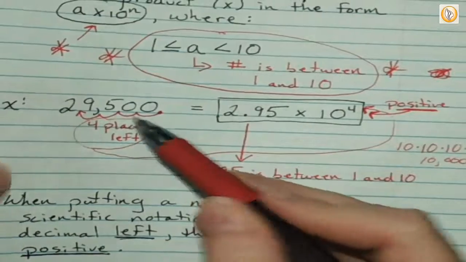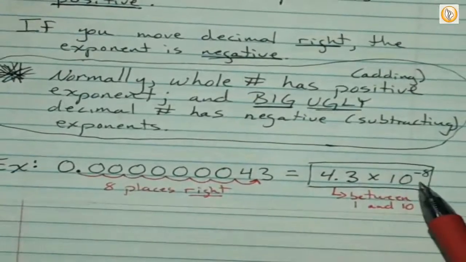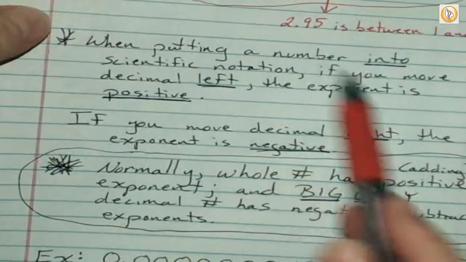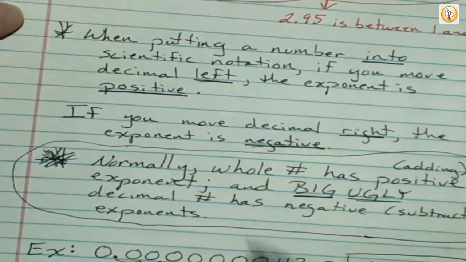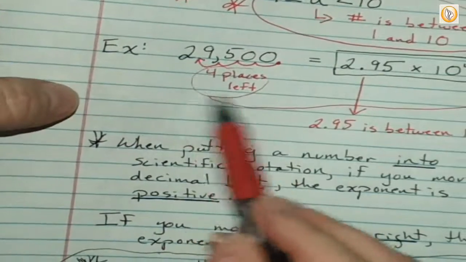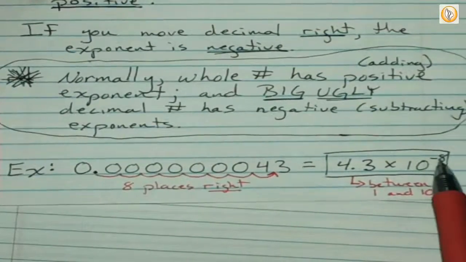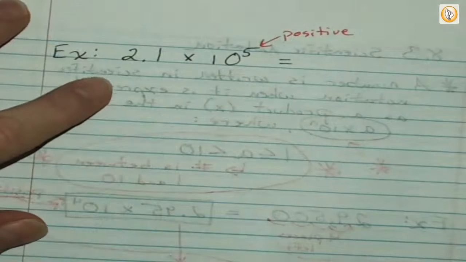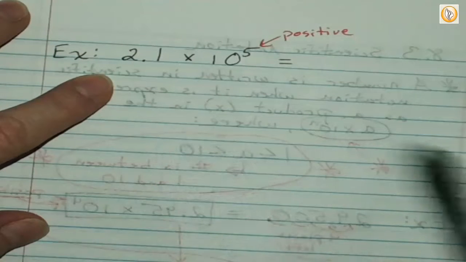Positive exponent, normal number. Negative exponent, big ugly. Or you can say, well, I need to memorize this and then do the reverse. Or you can memorize normal number, positive, big ugly, negative. So if this is positive, is my end number going to be big ugly or normal?